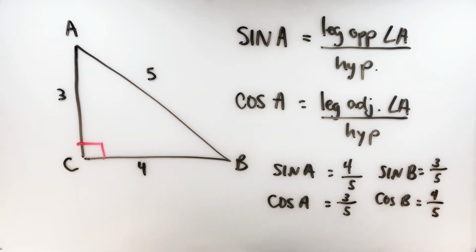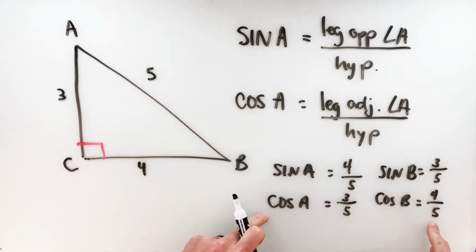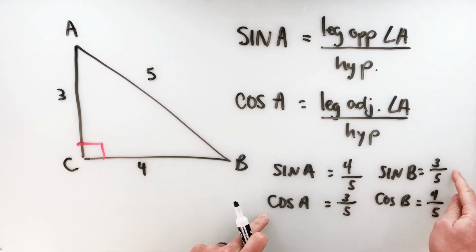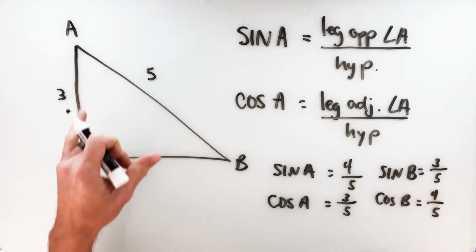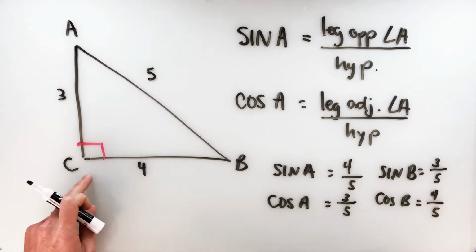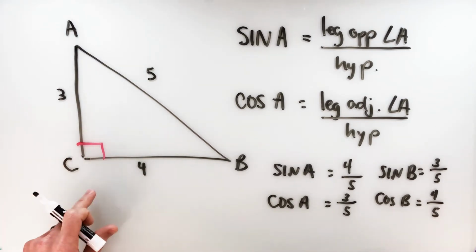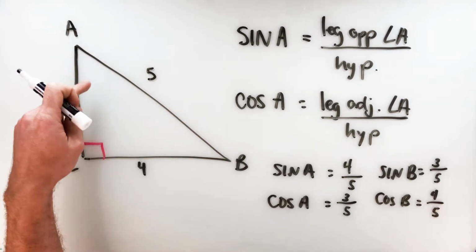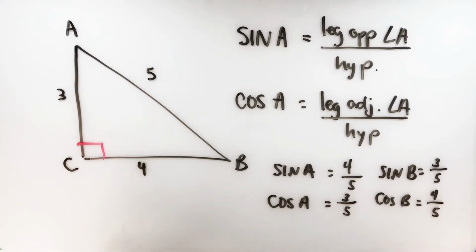Now notice that the sine of A is the same as the cosine of B, 4/5. Just like the cosine of A, 3/5, is the same as the sine of B, 3/5. Now this is because these two angles, A and B, are complements of each other, or complementary to each other, meaning they have a sum of 90. We know that because in a right triangle we already have a right angle by definition, and if a triangle is a total of 180 degrees, take out the 90, we have 90 degrees left in between A and B, they have to be 90 degrees.